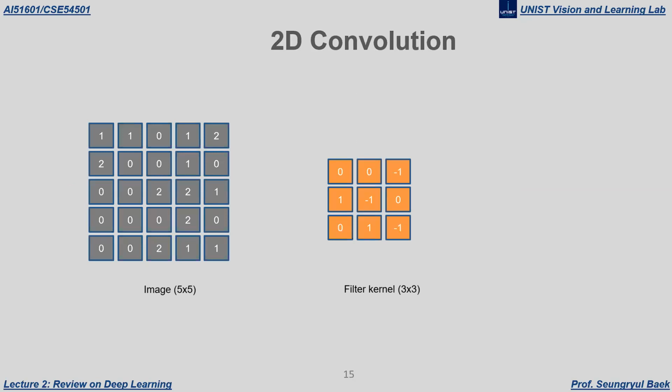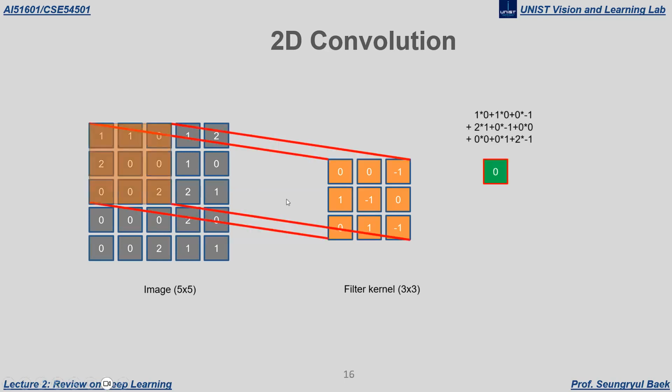And then I will explain what the convolution operation is. Maybe you learned about this 2D convolution in a signal processing class. For students who did not take any signal processing class, I will explain this again. This is the 2D convolution operation.